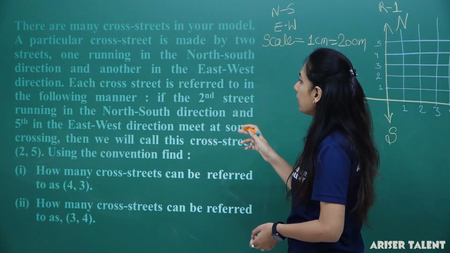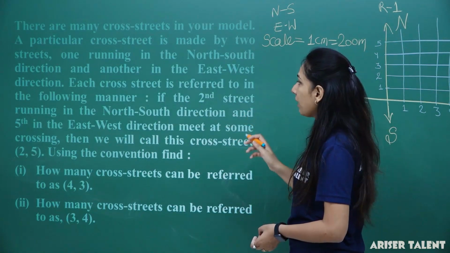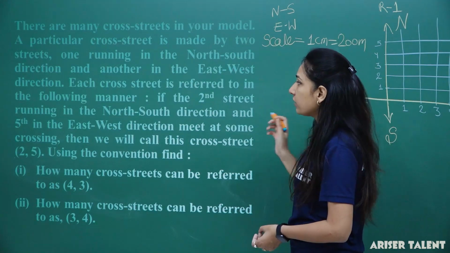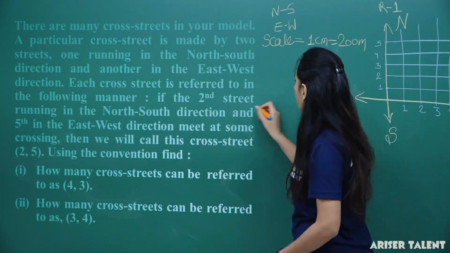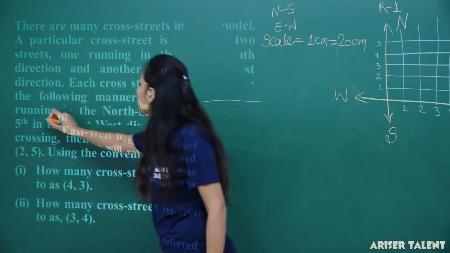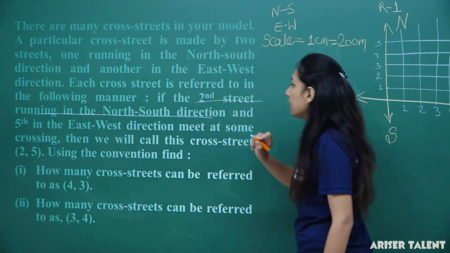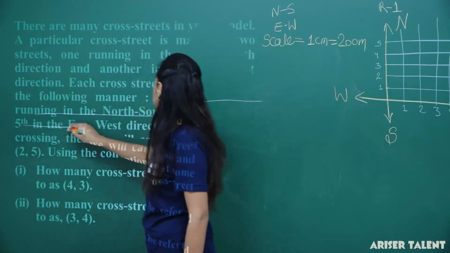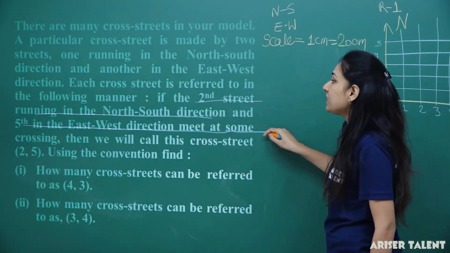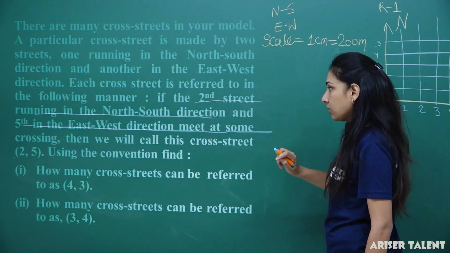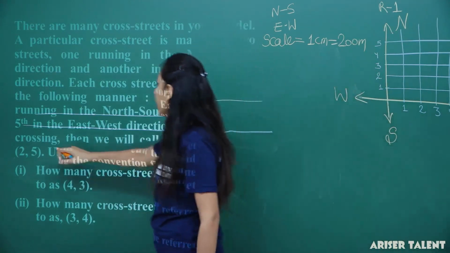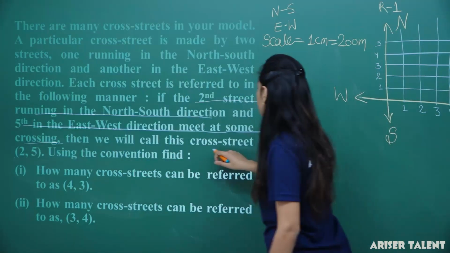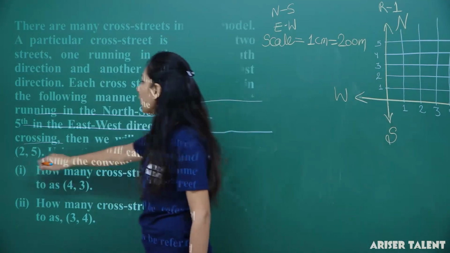Each cross street is referred to in the following manner: if the second street running in the north-south direction and the fifth in the east-west direction meet at some crossing, then we will call this cross street 2, 5.